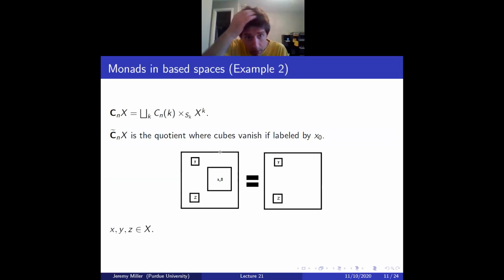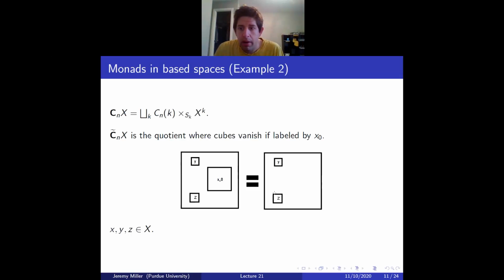Okay. So in the little cubes case, maybe I should have written equivalence instead of equals. Yeah, so the reduced monad is just the quotient by the equivalence relation that cubes labeled by the base point vanish.